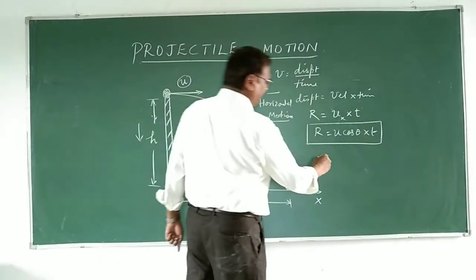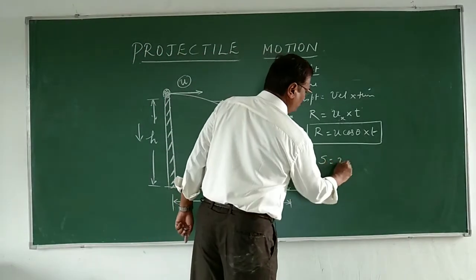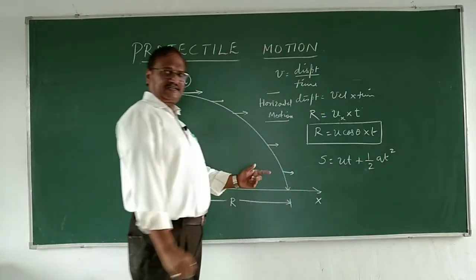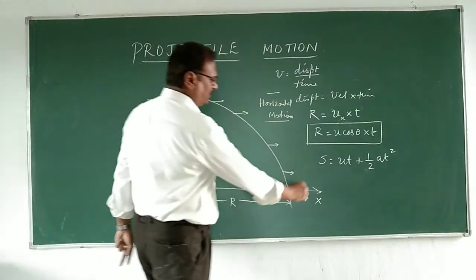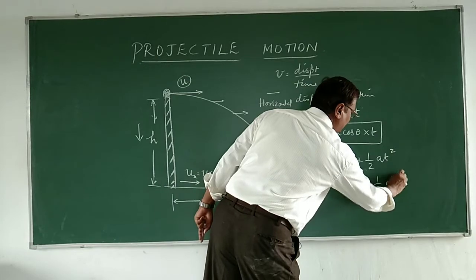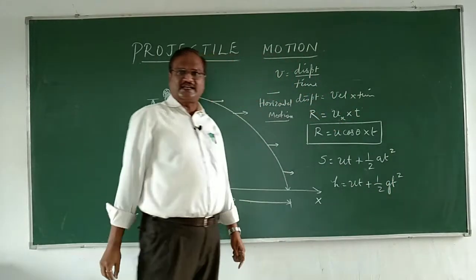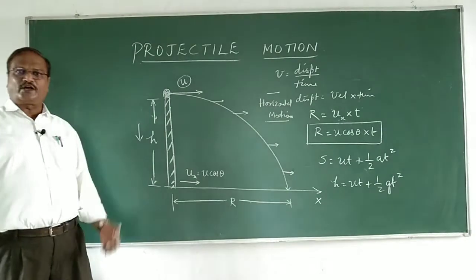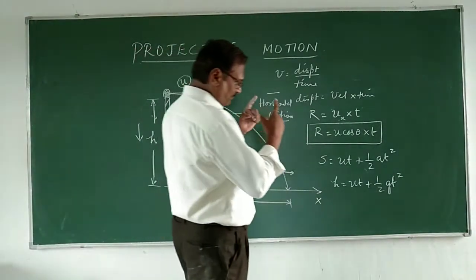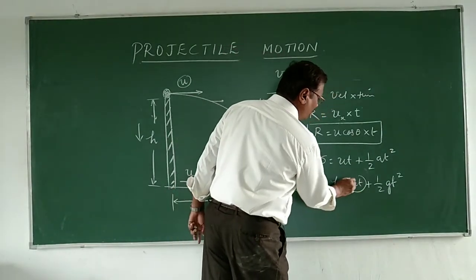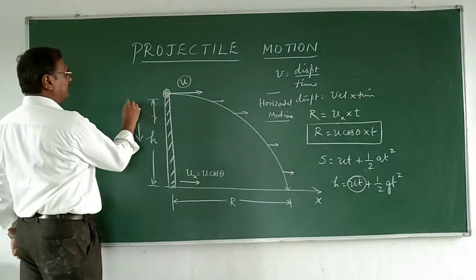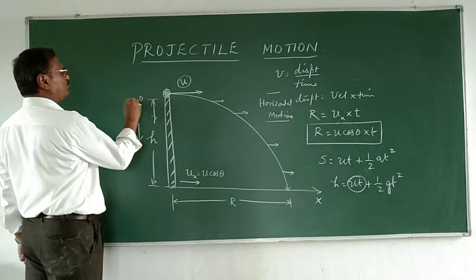Now we go to the second equation of motion, S is equal to ut plus half at square. For the height, vertical motion, h is equal to ut plus half gt square, where g is acceleration due to gravity, which is 9.8 meter per second square or 10 meter per second square. But watch very carefully, what about the initial velocity in the y direction? It has turned out to be 0.